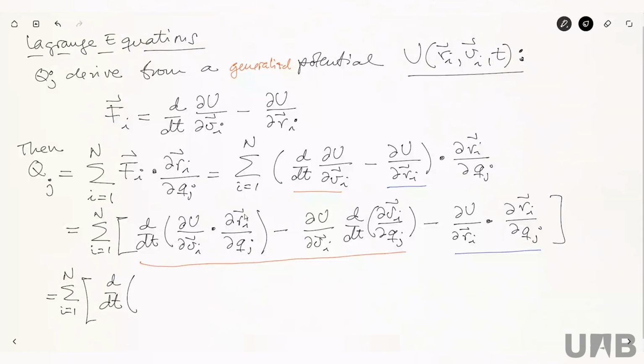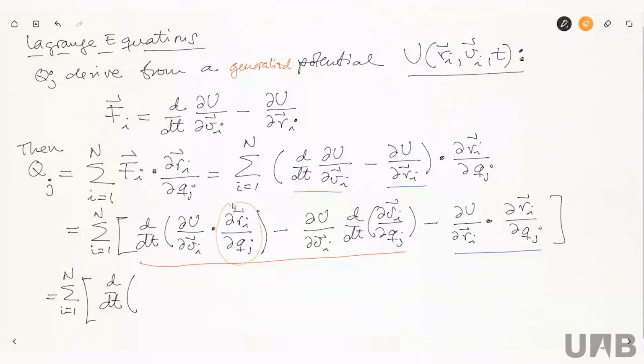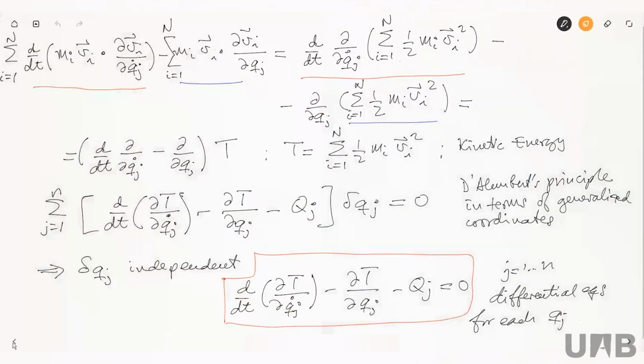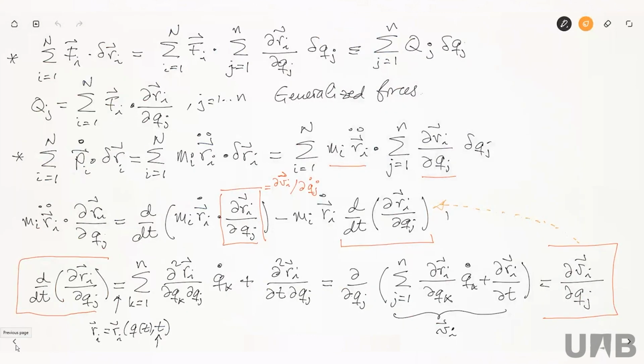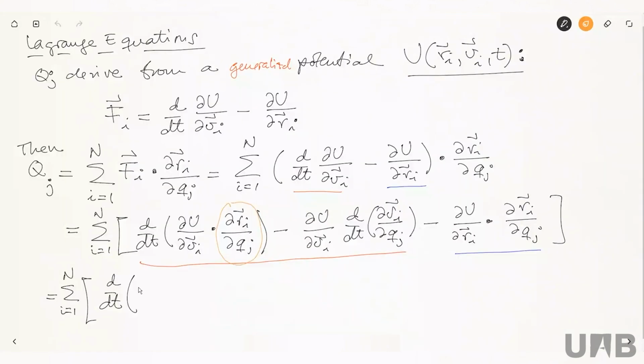This term here, we have seen it before. So let me just frame it, dR/dQ. So let's go back a few slides. Here it is. dR/dQ is the same as dV/dQ dot. dR/dQ is dV/dQ dot. So this is dU/dV times dV/dQ dot. Okay? So that's one.